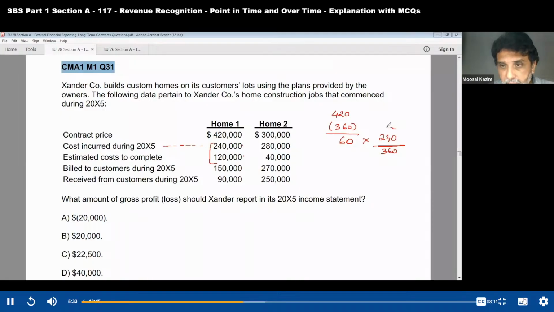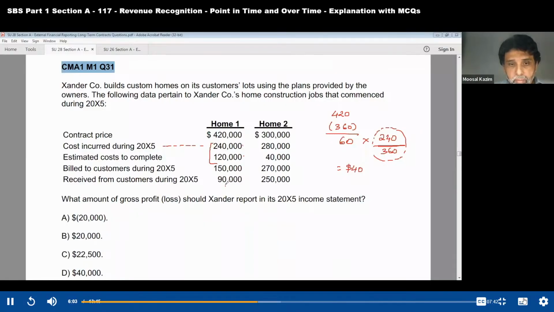So now this gives you the percentage of completion by the input method called the cost to cost method, right? So 240 divided by 360, or 24 divided by 36, as a percentage is around 67%, right? So how much to recognize? This multiplied by 60 would give us 40.